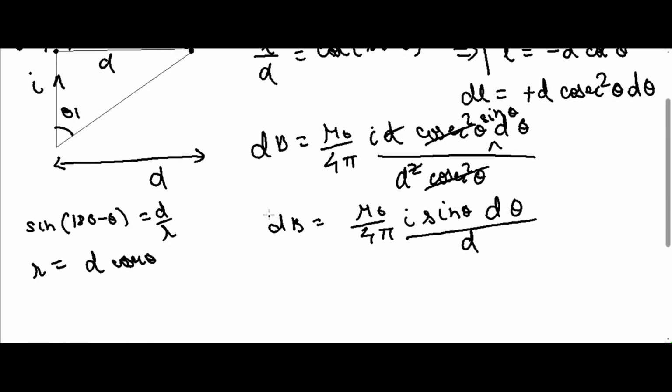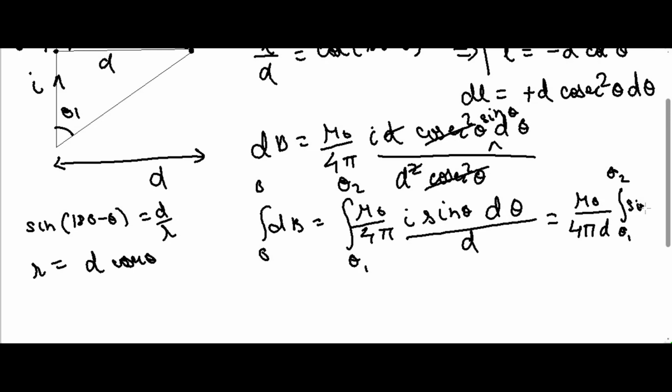So if I integrate this from 0 to B and this from theta 1 to theta 2, this will become mu naught, which is a constant, over 4 pi d, which is a constant, times the integration from theta 1 to theta 2 of sin theta d theta.